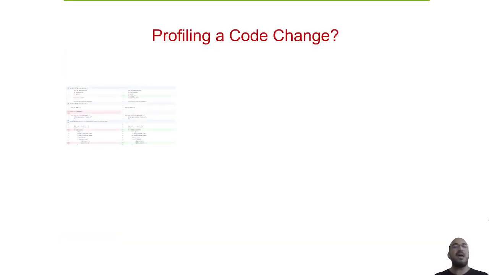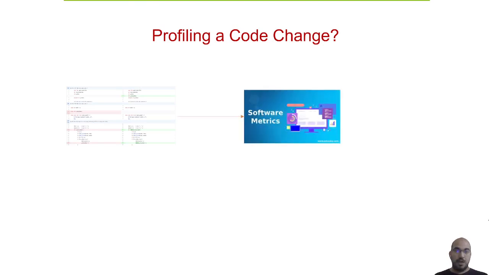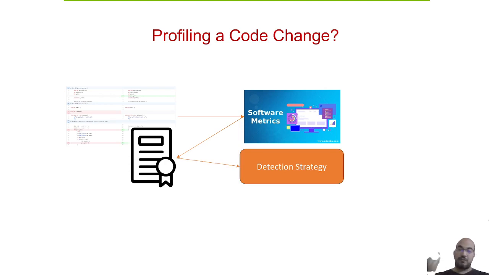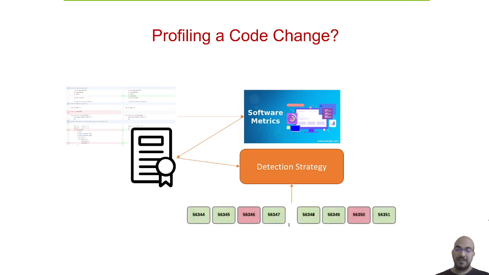We take a diff of a commit, and we can now calculate some metrics. We can look at various metrics, and we'll see later what metrics I have used for the study, such as complexity, coupling, cohesion, etc. These metrics become a blueprint for the changes in that code change. Then we feed those numbers to a detection strategy. This strategy relies on a history of previously known commits, either benign or problematic.